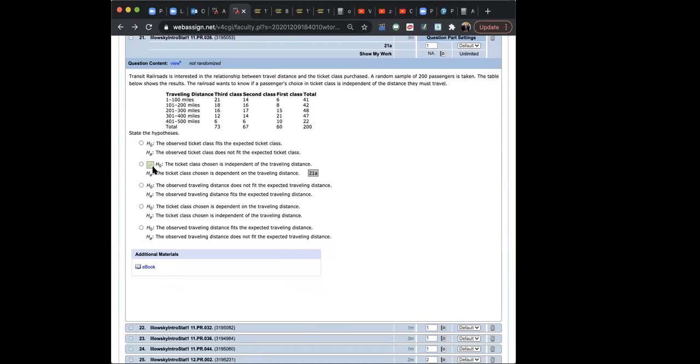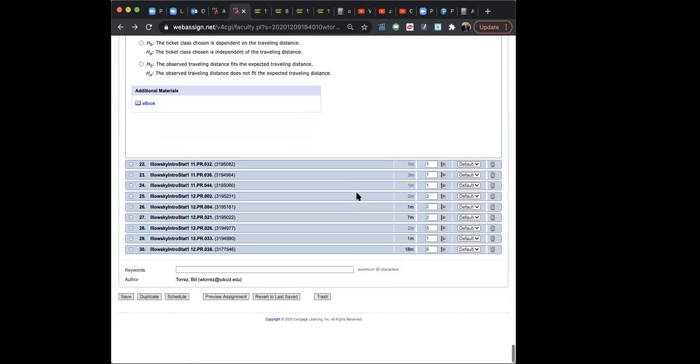So this second choice here is the correct set of hypotheses. The ticket class chosen is independent of the traveling distance against the alternative, the ticket class chosen is dependent on the traveling distance.